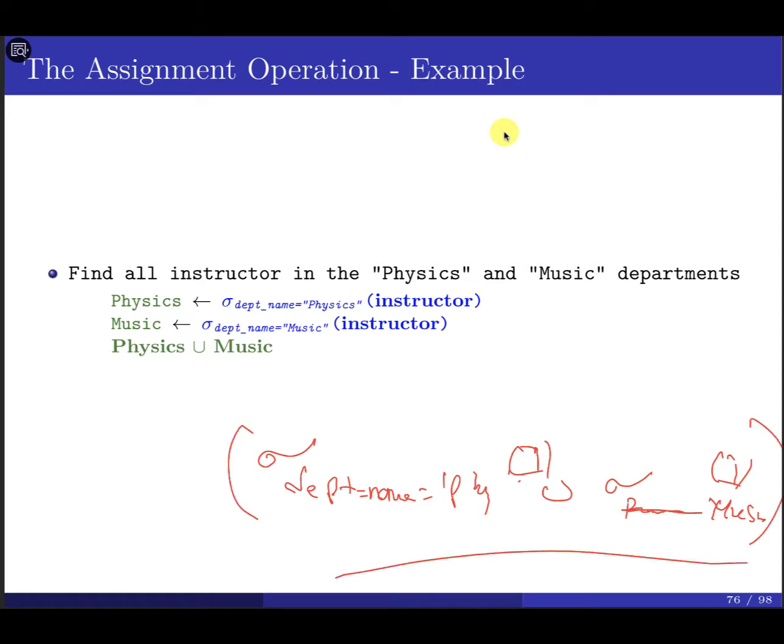Or say this one is going to be Q1, this is Q2, or as we did here, we have a relation name that is meaningful and clear to understand: physics instructors in the physics department, music instructors in the music department, then you union them in order to get the result that you're looking for.